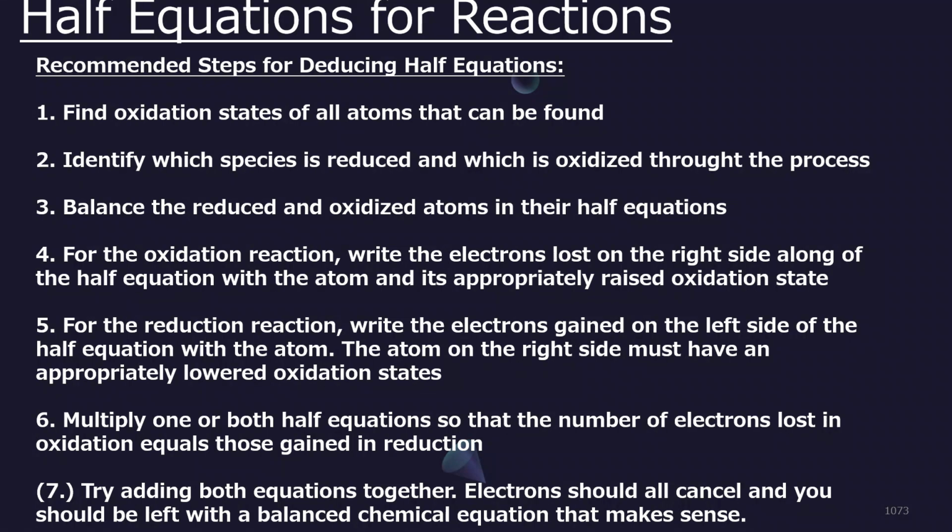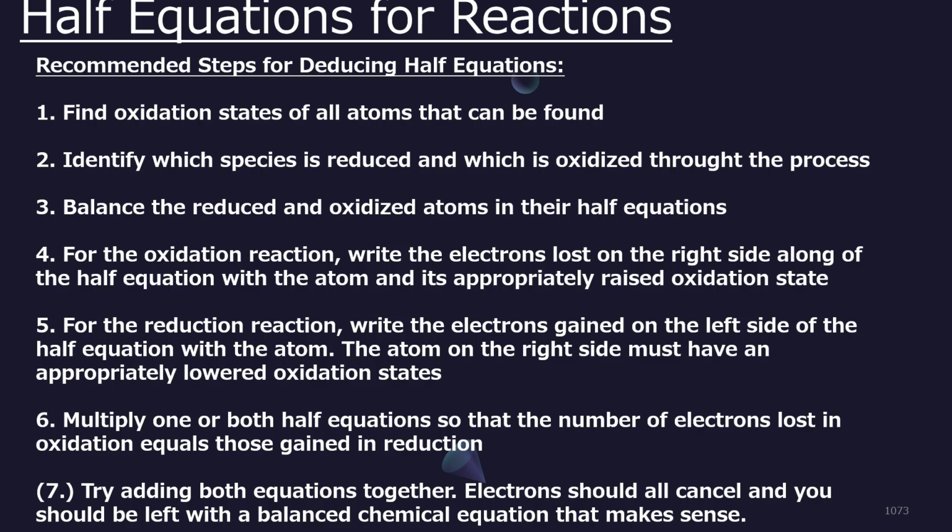So if you go from iron 0 to iron 3+, that would be losing 3 electrons. So make sure all those numbers work out. Fifth, for the reduction reaction, write the electrons gained on the left side of your half equation, and the atom on the right side must have an appropriately lowered oxidation state. Make sure all the math works out.